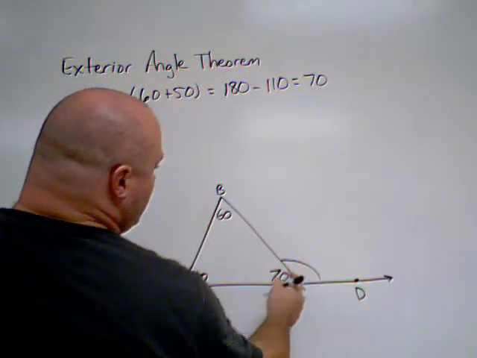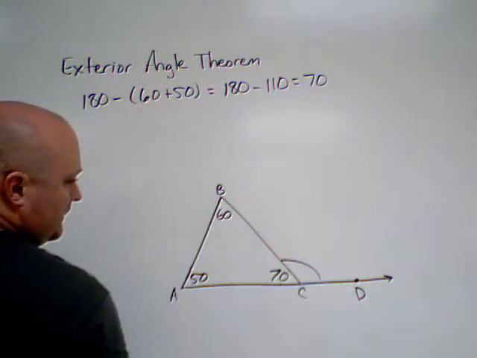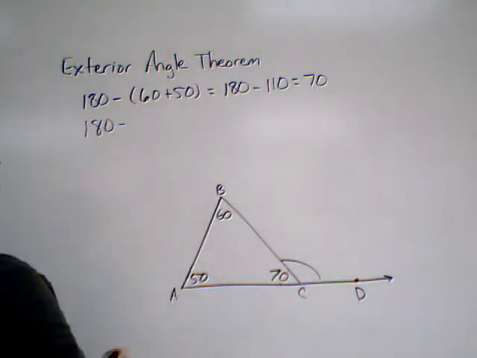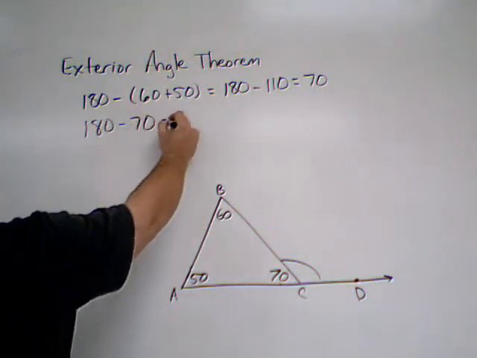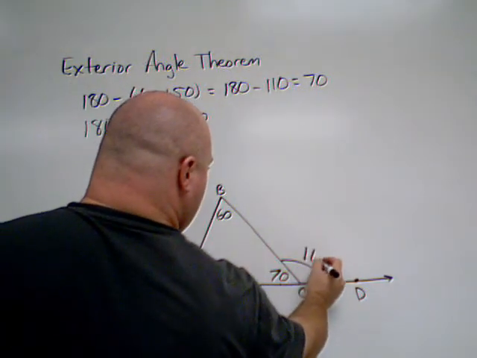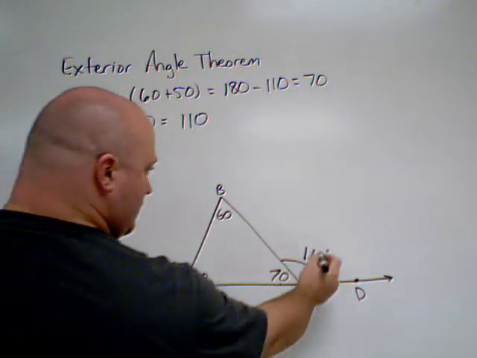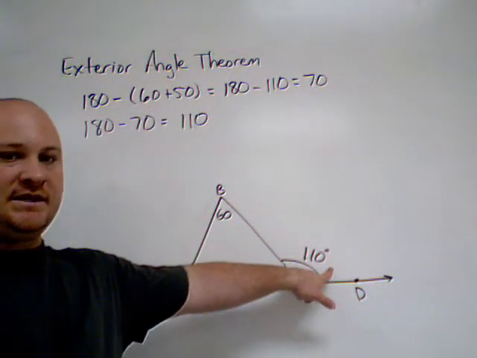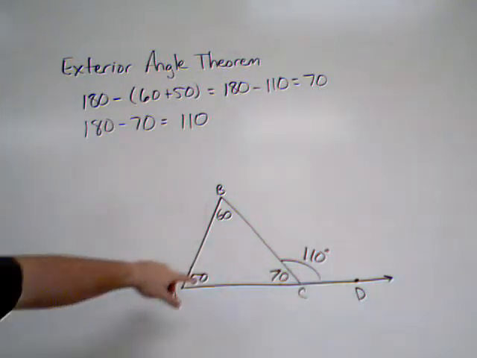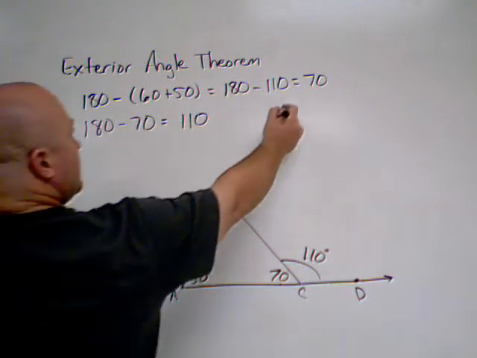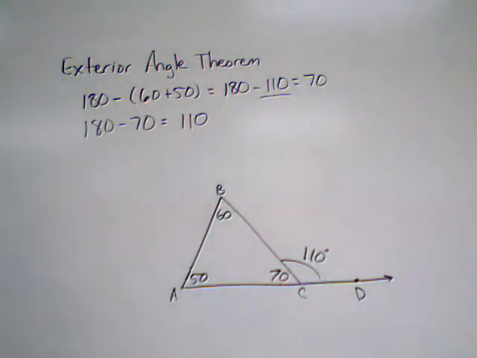And since we know this exterior angle plus that angle gives us 180, we'll say 180 minus 70 degrees is 110. There we go. So this exterior angle is 110 degrees. Well, as we saw before, angle B and angle A add up to 110 degrees.